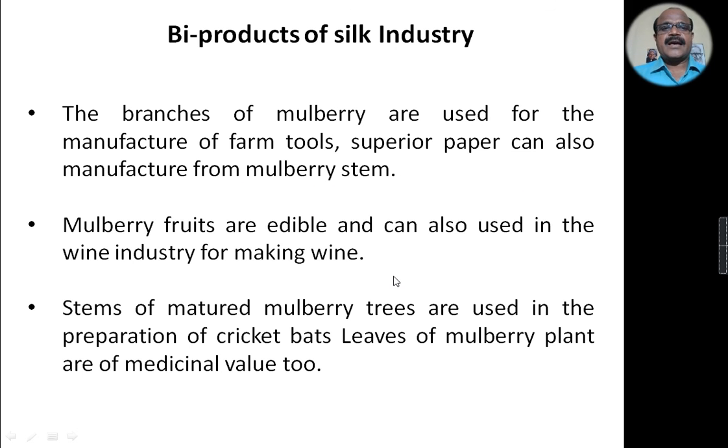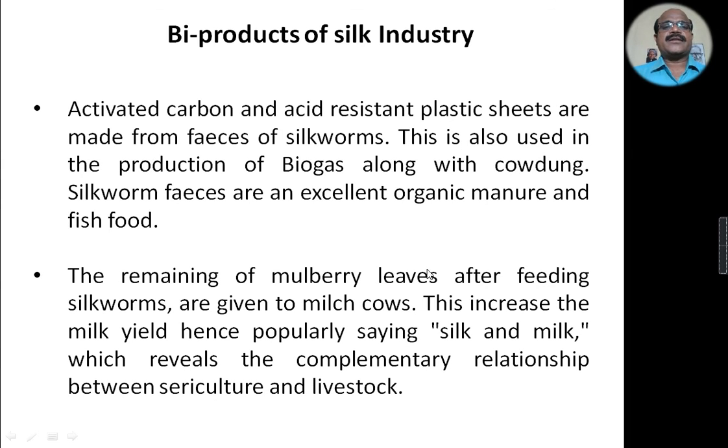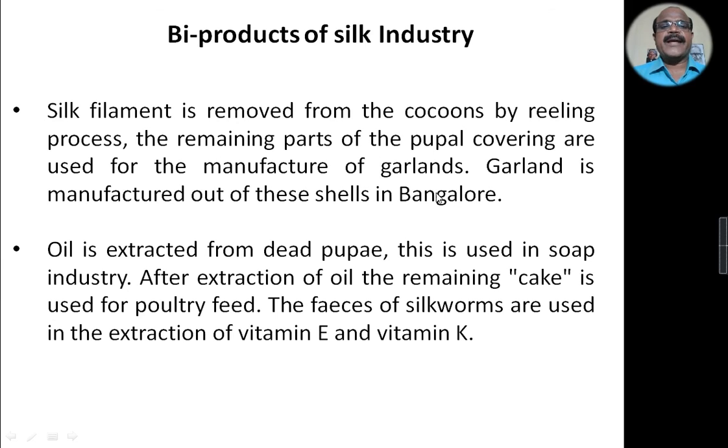And this is a small topic, that is byproducts of silk industry. These are the byproducts: pupae oil, mulberry fruits, mulberry leaves, mulberry stems, silk threads, silkworm feces, and the remainings of silk filaments.